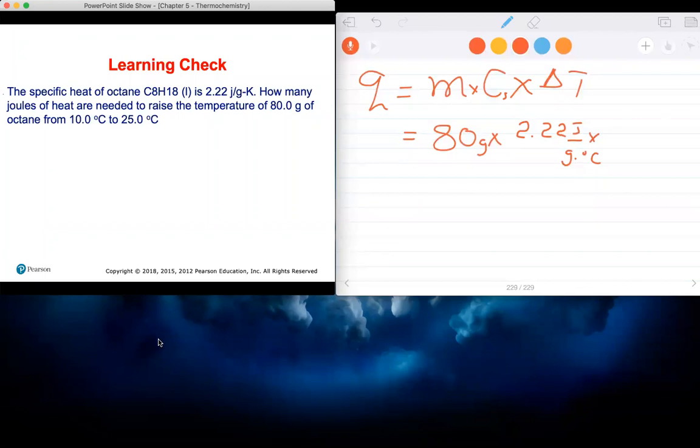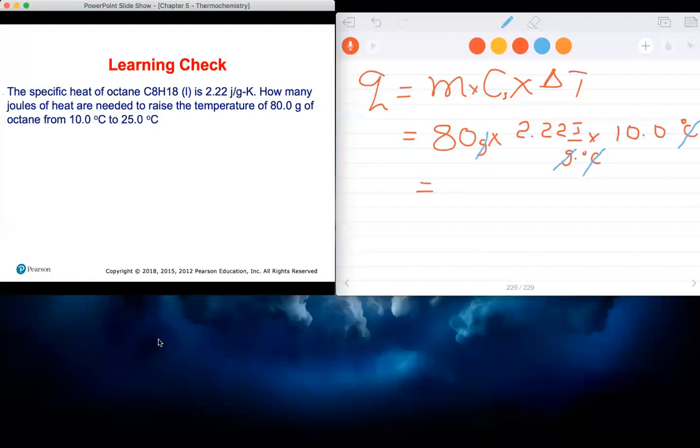Times what? The change in temperature is 10.0 degrees Celsius. If I reconcile the units, degrees Celsius will go away with degrees Celsius, grams and grams will go away, and we are remaining with units in joules.